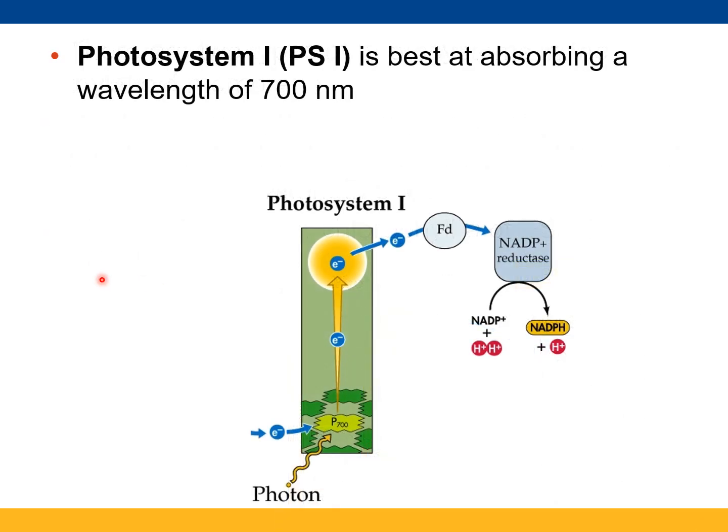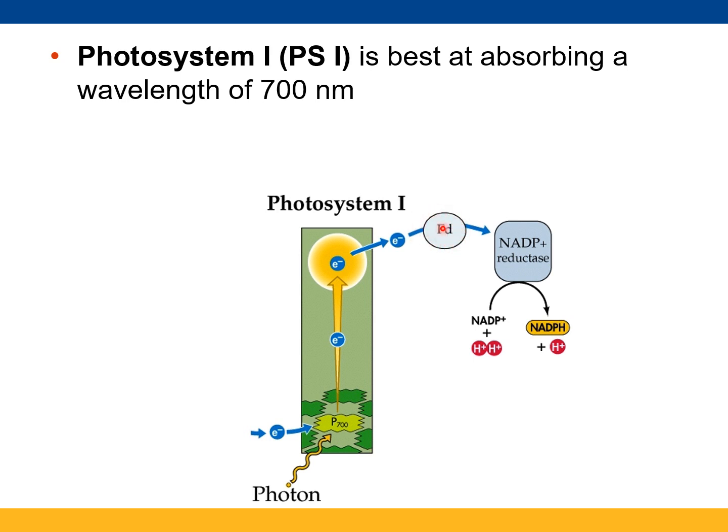And after electron transport, which is not shown here, that electron enters Photosystem I, which has a special chlorophyll center that is most excitable at 700 nanometers, a slightly different wavelength of light. And again, we get those photons, we excite electrons, only this time we're handing off the electrons to this FD, which means ferredoxin.